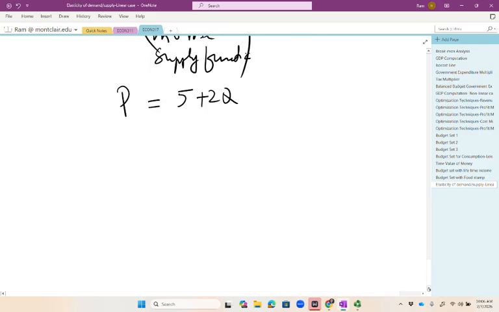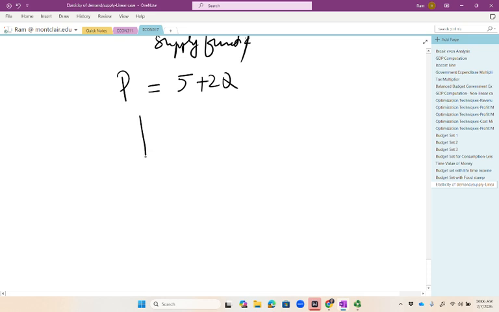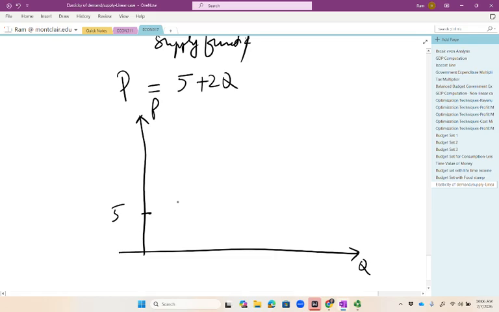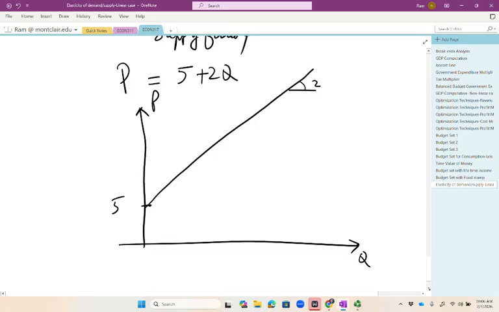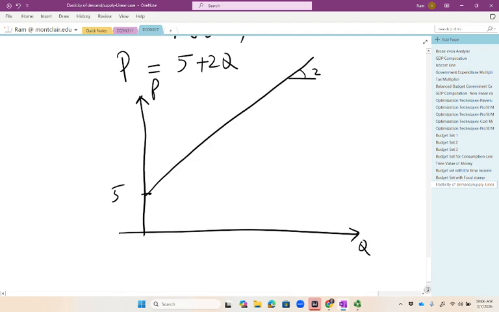So again, I will start by first drawing the graph. I have Q on the horizontal, P on the vertical, and the vertical intercept is 5, slope is positive 2, so upward sloping supply, the slope is 2. I like to compute the elasticity when the quantity is given to be 5.